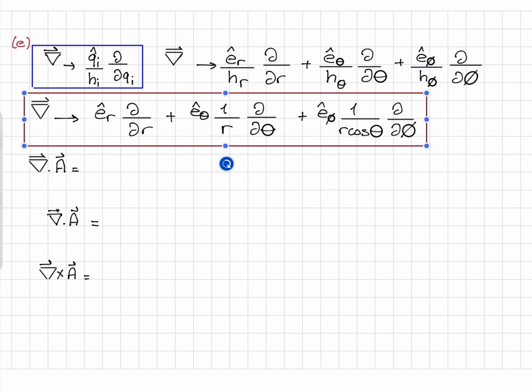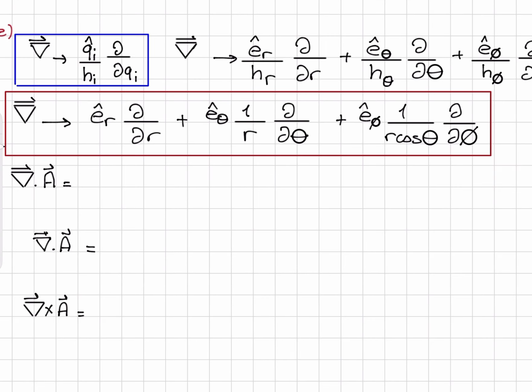Now the divergence is obtained by 1 over the product of the scale factors, so that is h_r h theta h phi, 1 over r squared cosine theta. Then we take a derivative with respect to r of h theta h phi A_r, which means r squared cosine theta A_r.